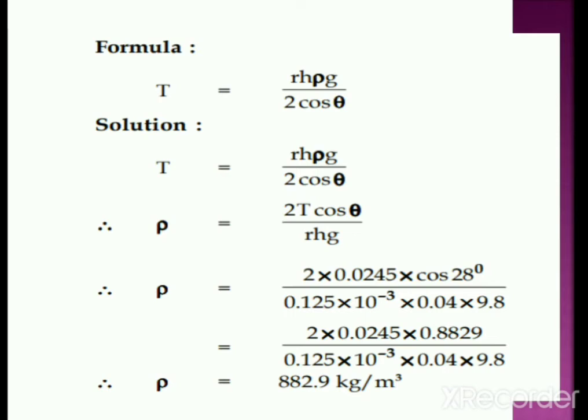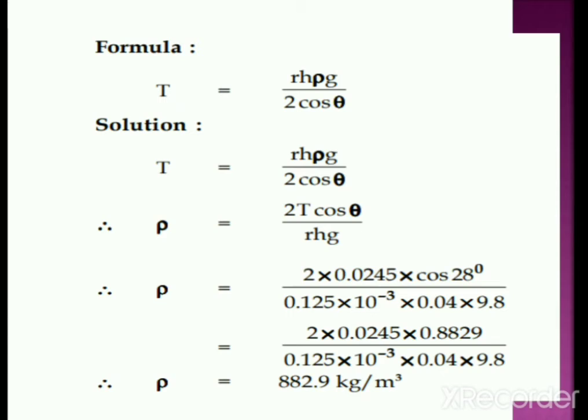Now see, we have to find the density, so the equation becomes rho is equal to 2T cos theta upon r h g. Put the values from the given things, then the equation becomes 2 into 0.0245 into cos 28 degree divided by 0.125 into 10 raised to minus 3 into 0.04 into 9.8.